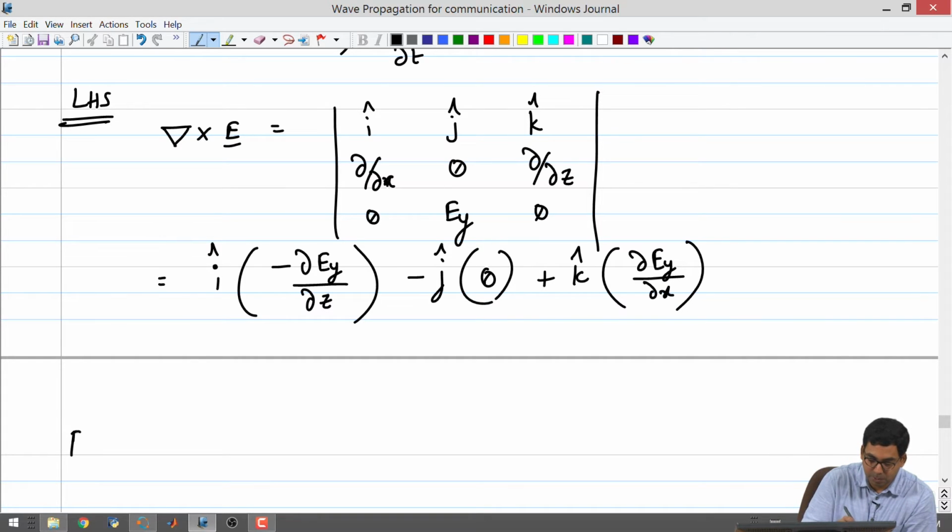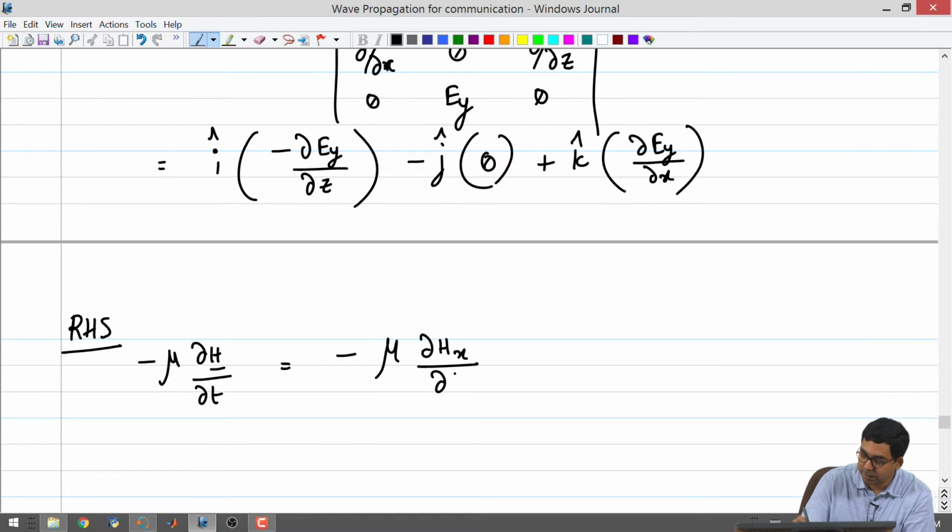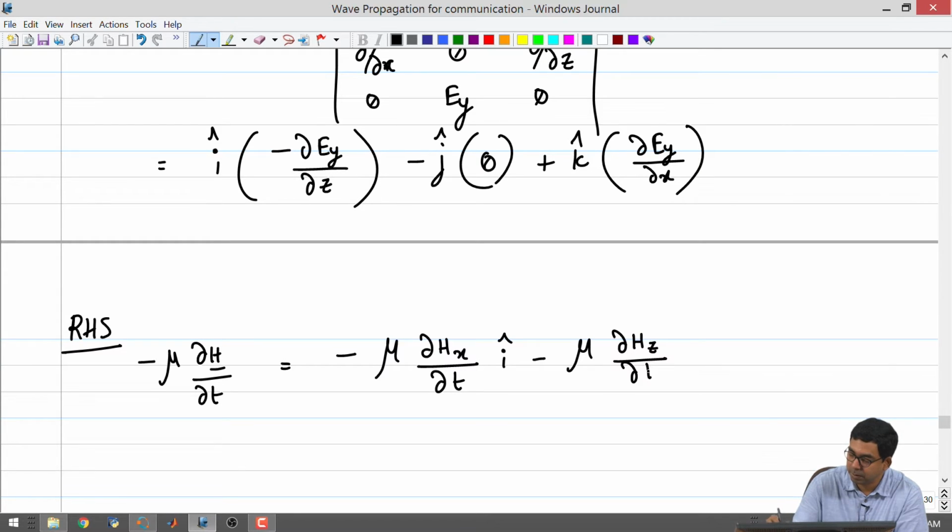Once again, the right hand side can also be written as minus mu ∂Hx/∂t with a unit vector of i hat, and then I have minus mu ∂Hz/∂t k hat.